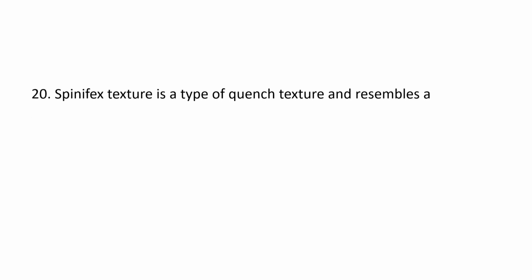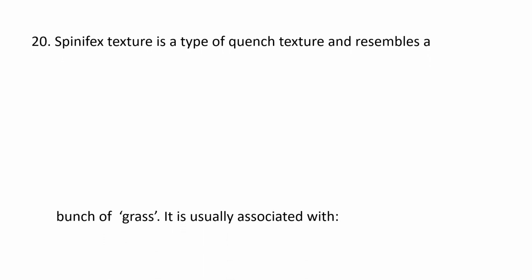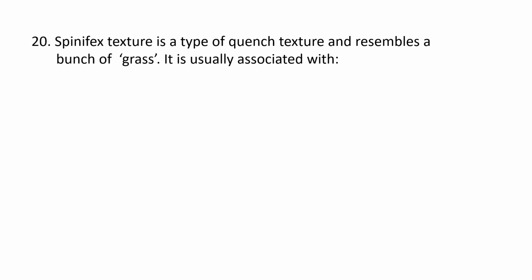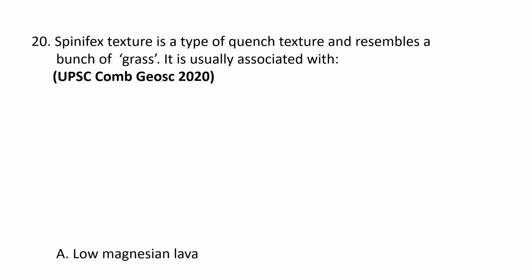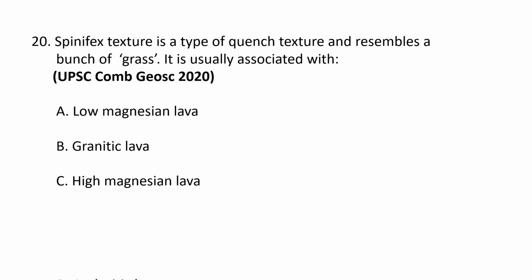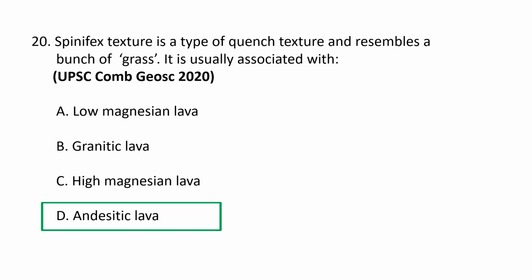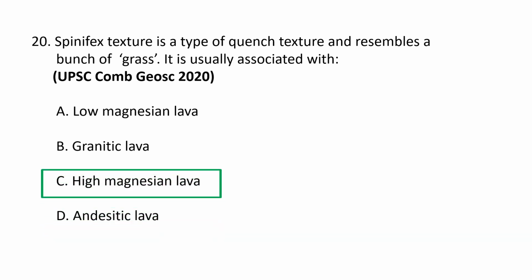Next question. Spinifex texture is a typical quench texture and resembles a bunch of grass, and it is usually associated with A, low magnesian lava, B, granitic lava, C, high magnesian lava, and D, andesitic lava. So spinifex texture is a special type of quench texture and resembles a bunch of grass, and it is associated with high magnesian lava.